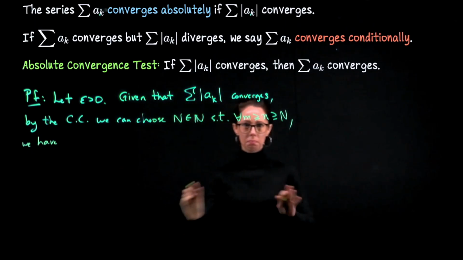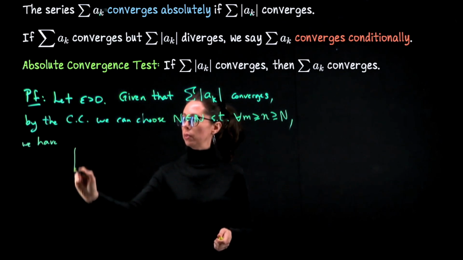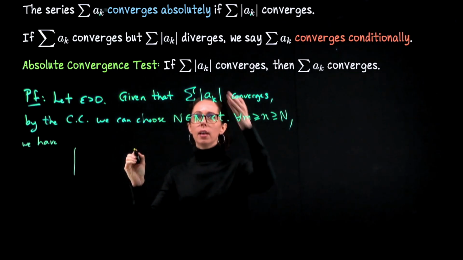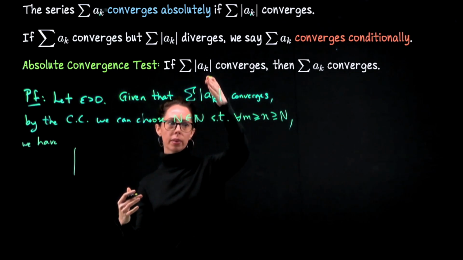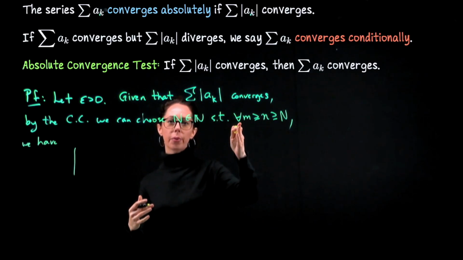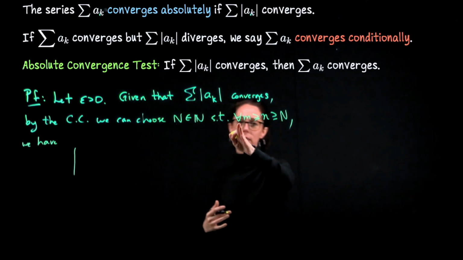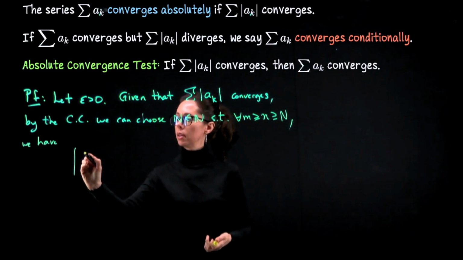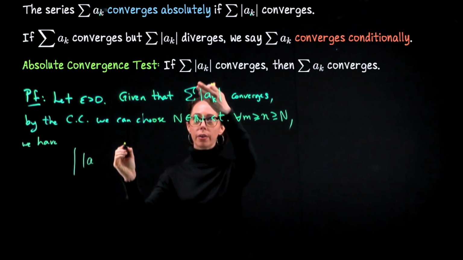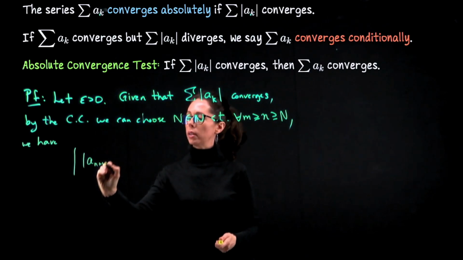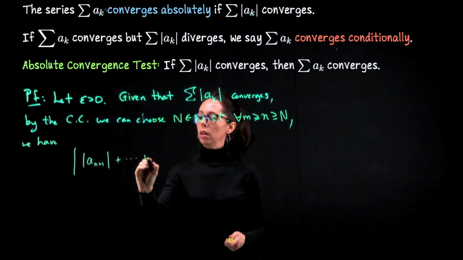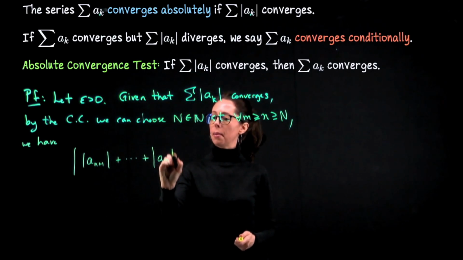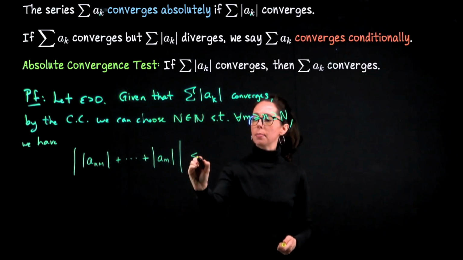that I'm going to start with a giant absolute value that you really don't need. So the absolute value of the terms in this series, starting with little n plus 1 and going up through m. So that was the Cauchy criterion as we stated it in the beginning. In other words, it's the difference between two partial sums. So we have absolute value of a sub n plus 1 plus all the way through the absolute value of a sub m is less than epsilon.